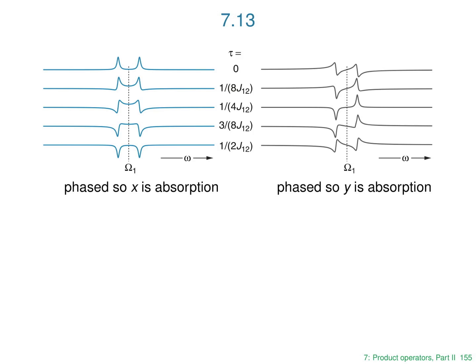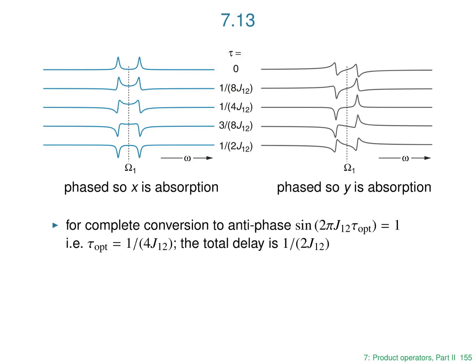And then if you carry on, the in-phase comes back until you get to when the delay is 1 over 2J, and then the doublet has changed sign. So you get this interconversion of in-phase and antiphase, and then back to in-phase again when you have a spin echo. You get complete conversion to antiphase when the delay is 1 over 4J. And remember, that delay appears twice in a spin echo, so the total delay is 1 over 2J.